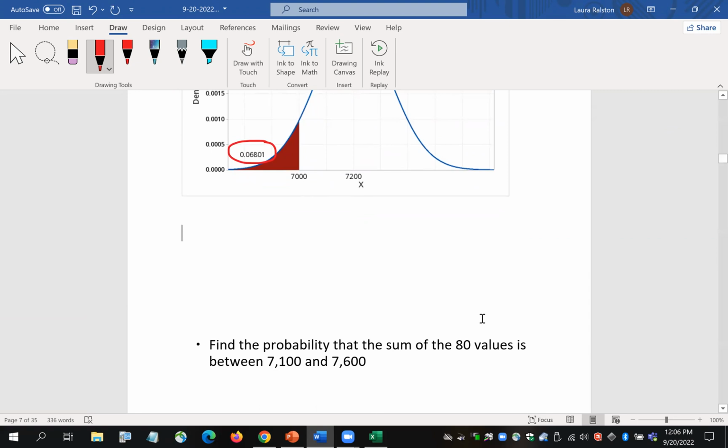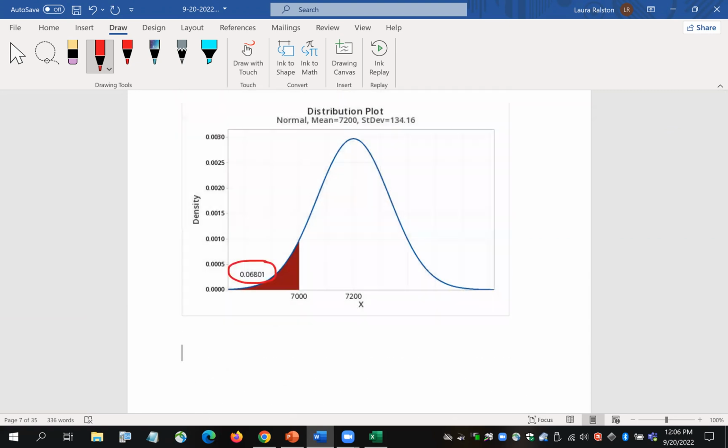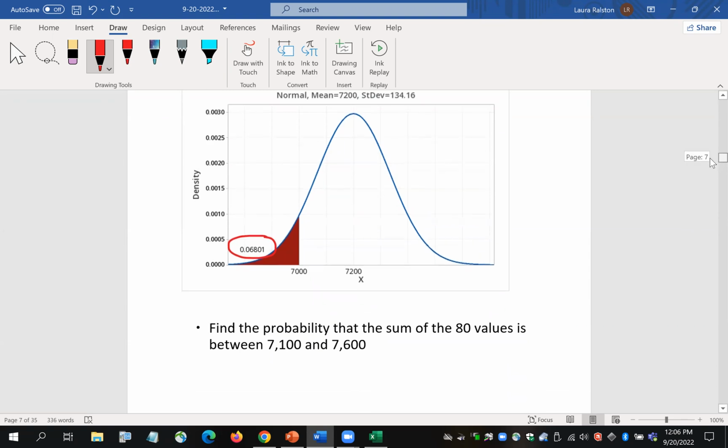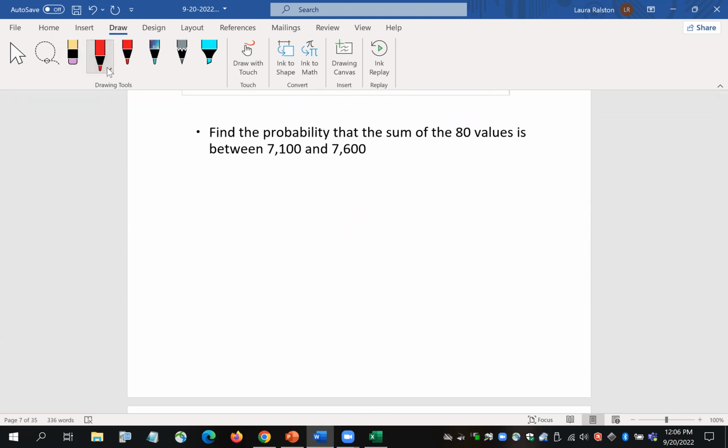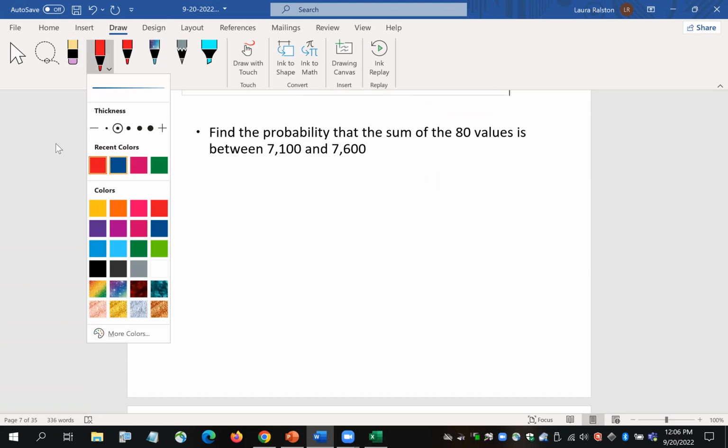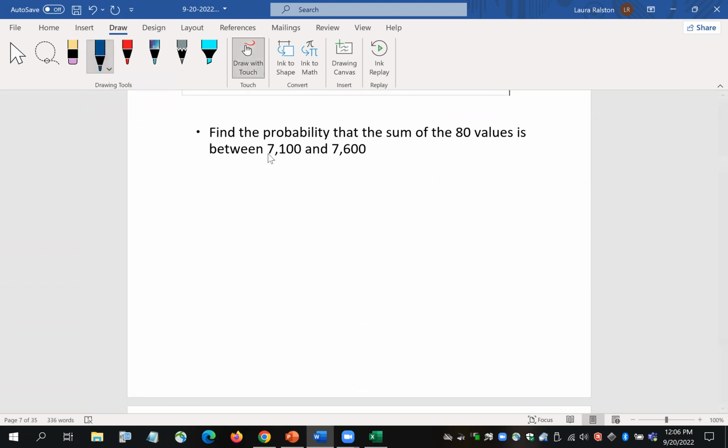I think I got one more. Okay, find the probability that the sum, again, you've got the word sum in there, of the 80 values is between 7,100 and 7,600.